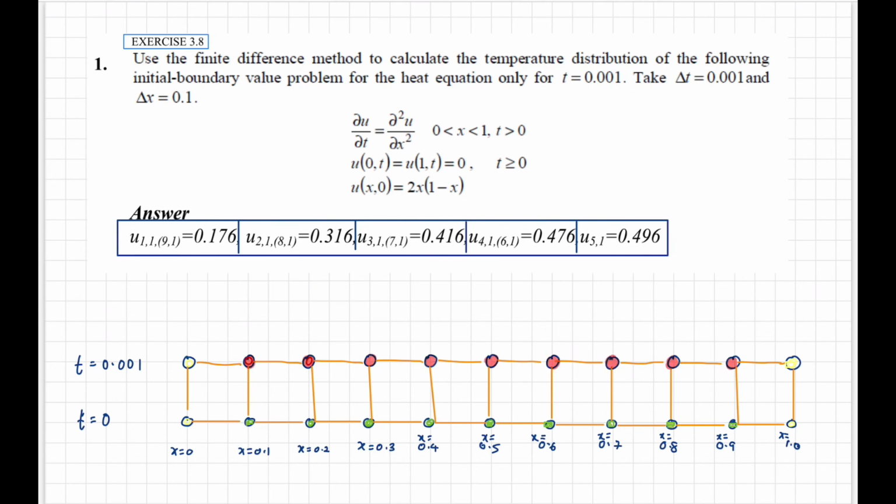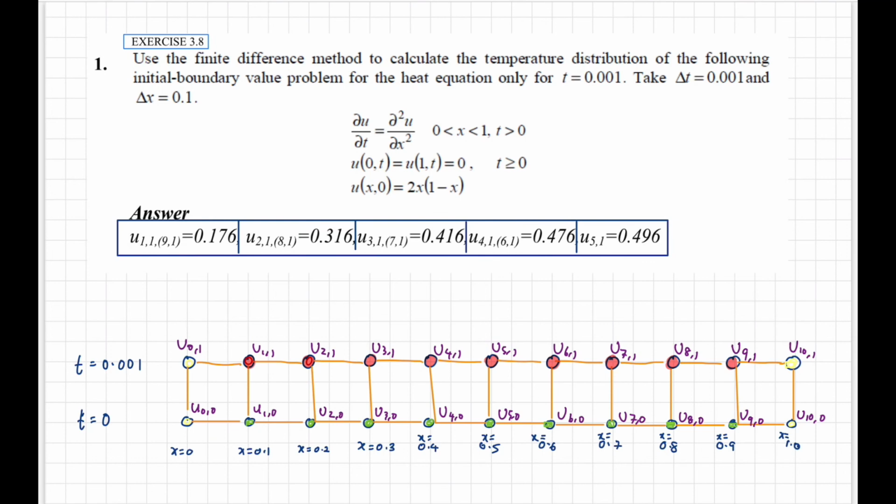Okay, let's label these nodes. So this will be U00, U10, U20, U30, U40, U50, U60, U70, U80, U90, U100, then here U01, U11, U21, U31, U41, U51, U61, U71, U81, U91, and U101.